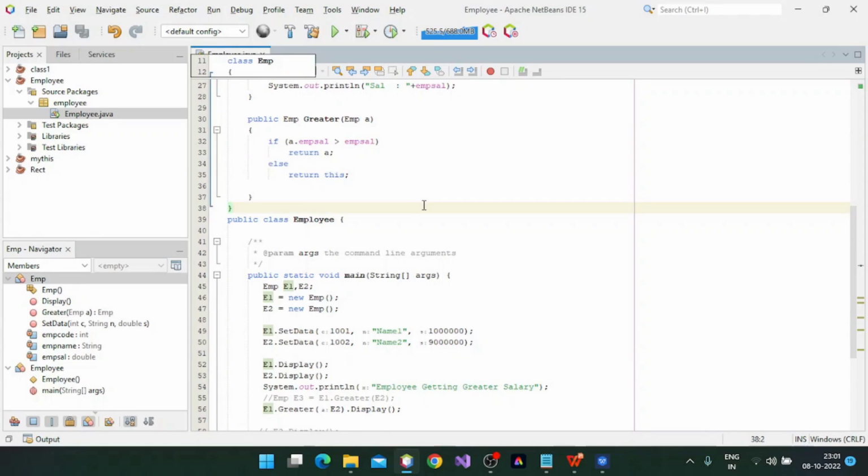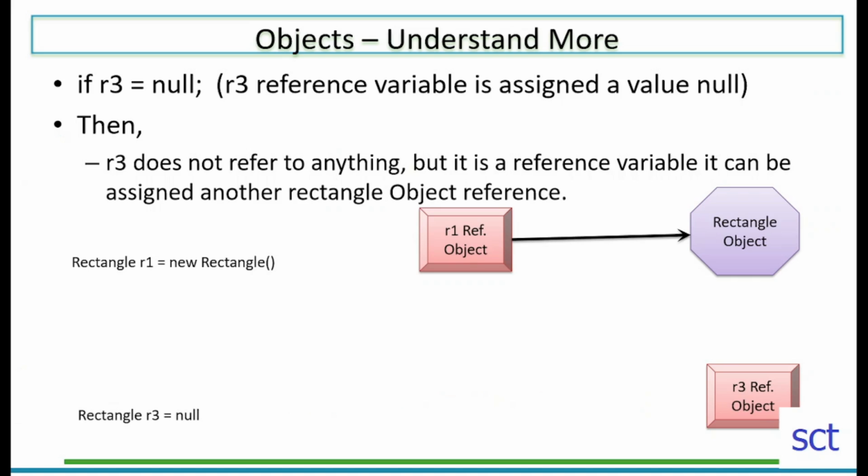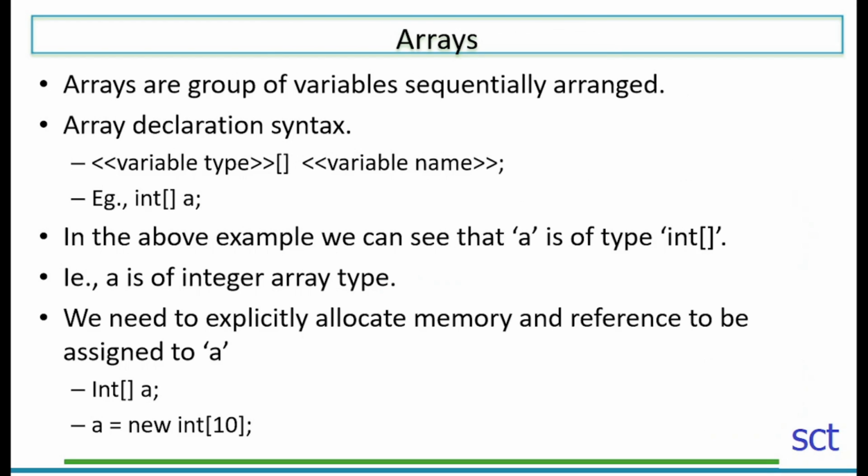Okay, so next we will go to arrays. Arrays are nothing but a group of variables sequentially arranged. Array declaration syntax: how do you declare an array in Java? Variable type with open and close square brackets, and then the variable name.